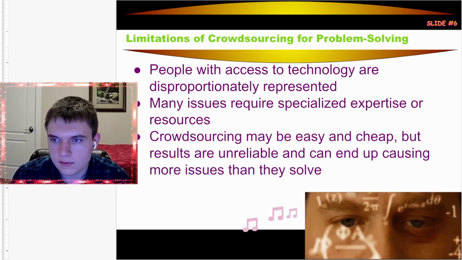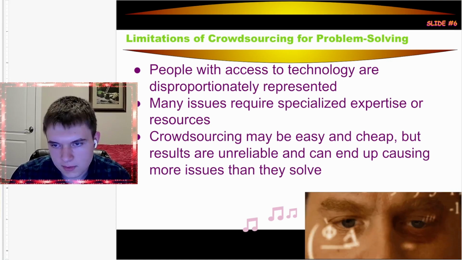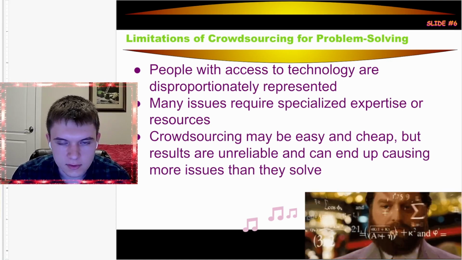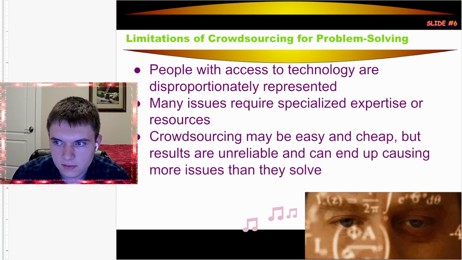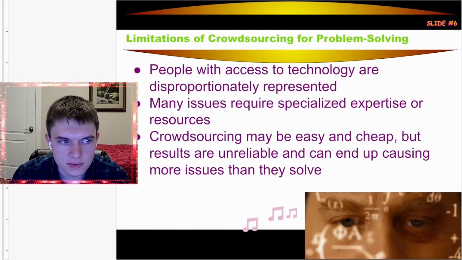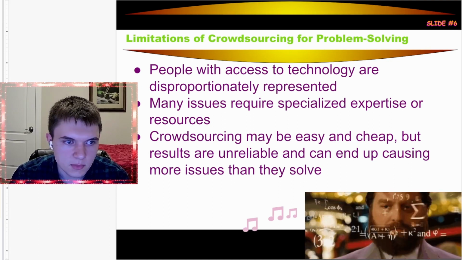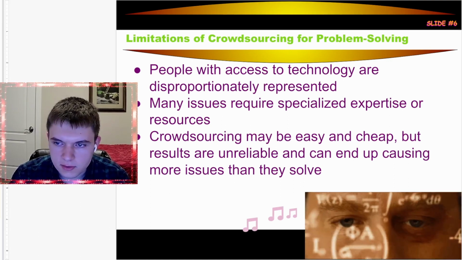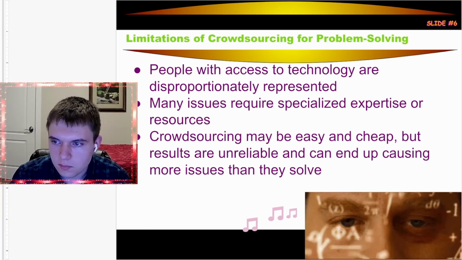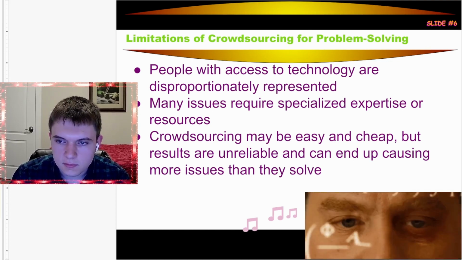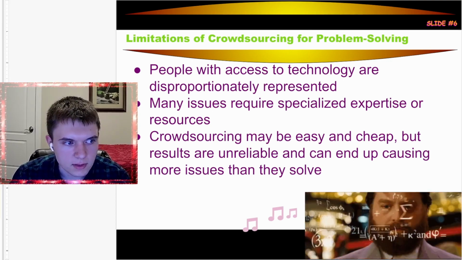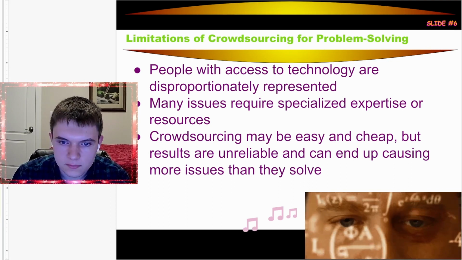Another thing is that a lot of problems you just can't use crowdsourcing for because they're too complicated, they take too much specialized expertise or resources. And so even though crowdsourcing is easy and cheap, you'll end up having to deal with some pretty messy data, and it can end up causing a lot more issues than it solves in a lot of cases.